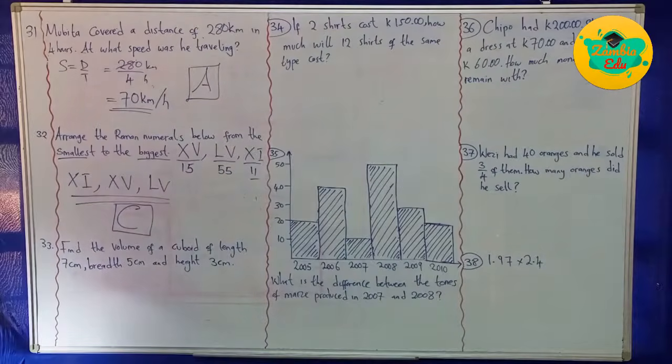Question 33 says, find the volume of a cuboid of length 7 centimeters, width 5 centimeters, and height 3 centimeters.